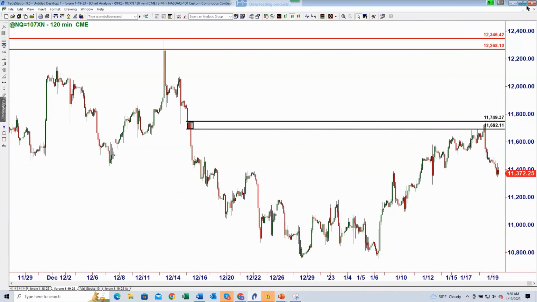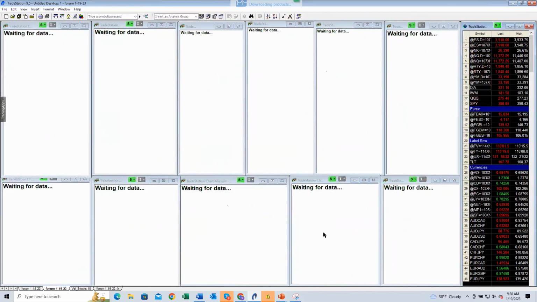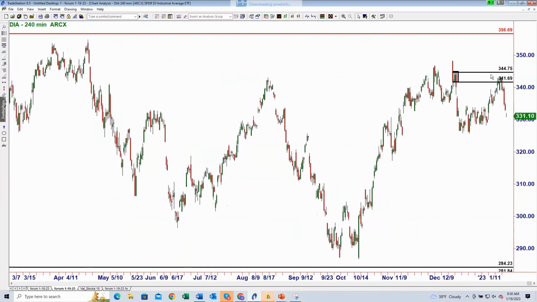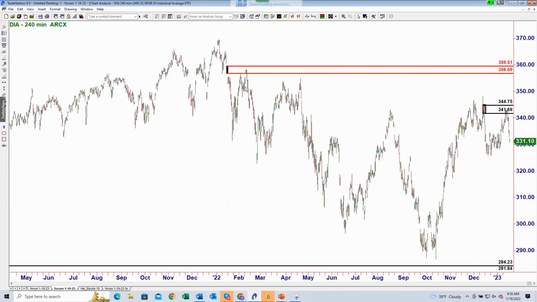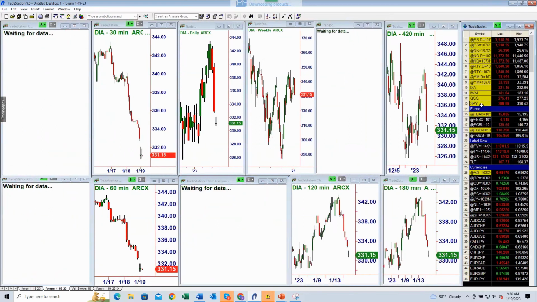And we had a number of supply zones up here as well. For example, if we go to the Dow, same thing. Yesterday we ran into our same area up here as the NASDAQ. So notice the location of that, and certainly that, see the location? Now let's go back to the SPY.